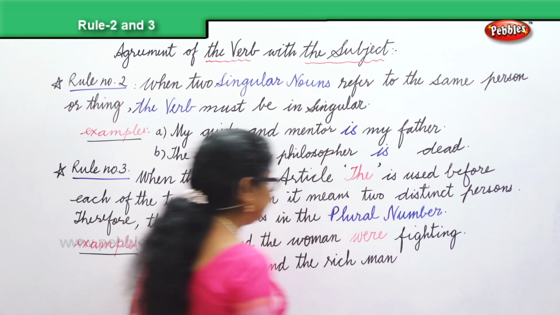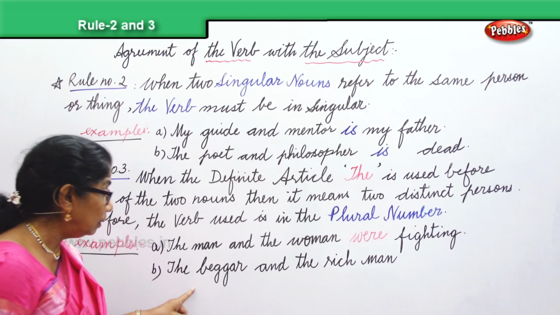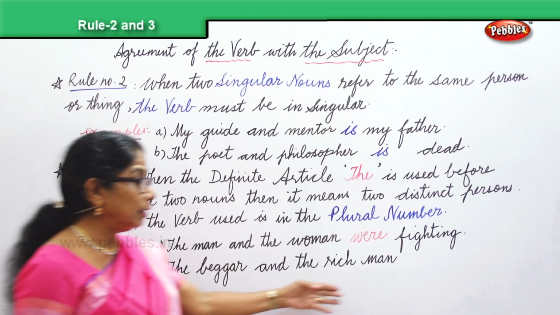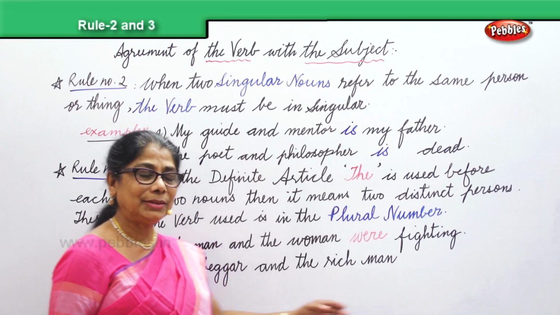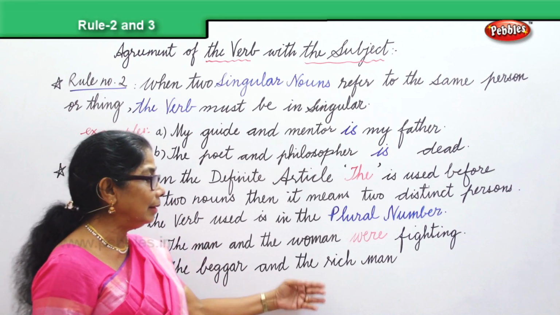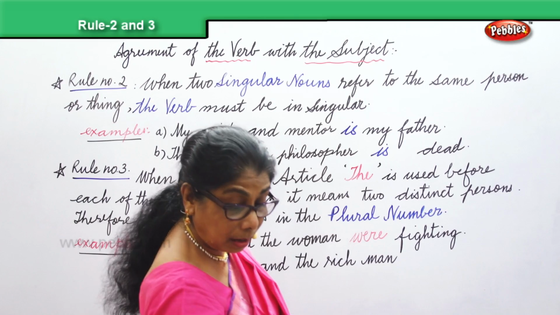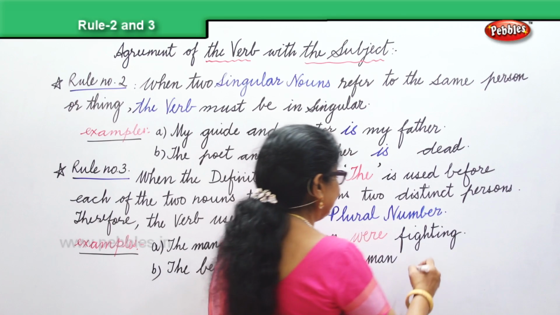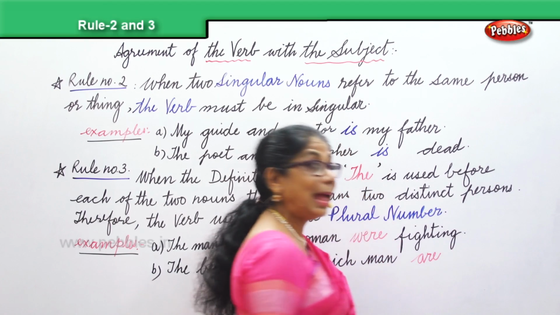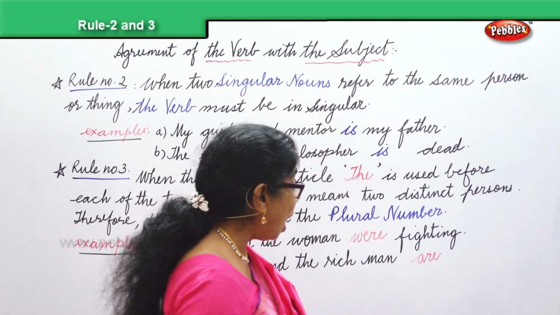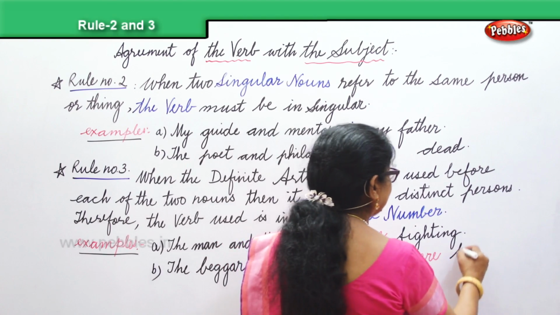Again you have the beggar, one person, the rich man, another distinctive person. So the beggar and the rich man are, the plural form of verb. The beggar and the rich man are friends.